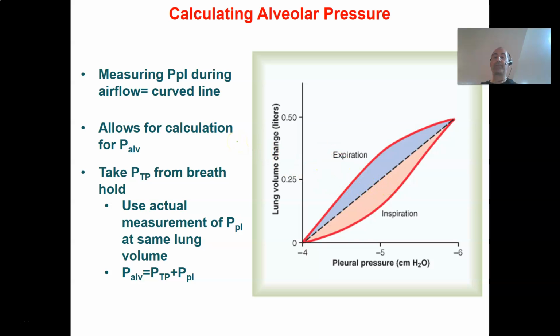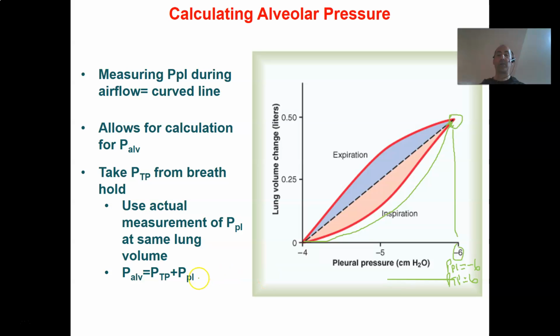alveolar pressure. So what do you do? You take in a breath and you hold it. This is the zero point. At this point, the pleural pressure is -6. We also know that the transpulmonary pressure must be equal and opposite, so it must be 6.